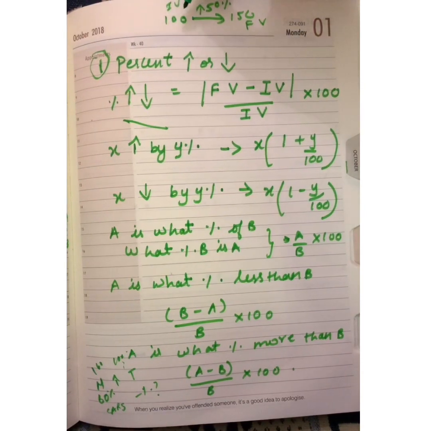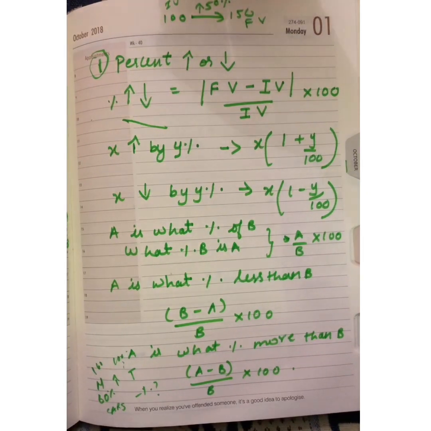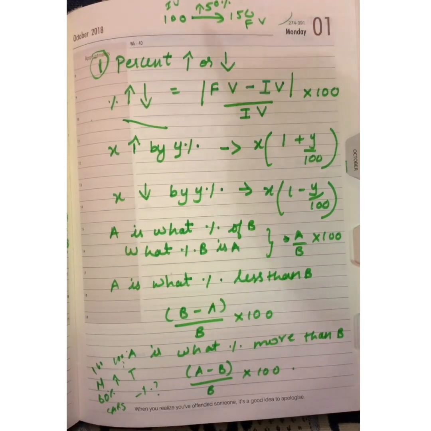When 100 increases by 50%, the question will be in the format like when A is 100 and B is 50% more than A. Any type of question I've written in a short form.